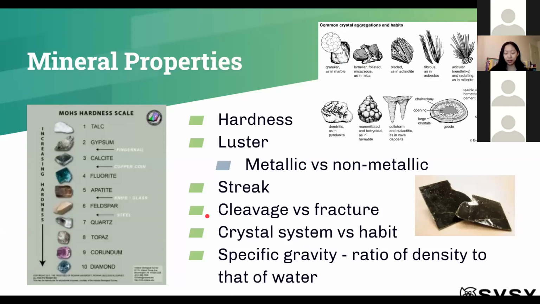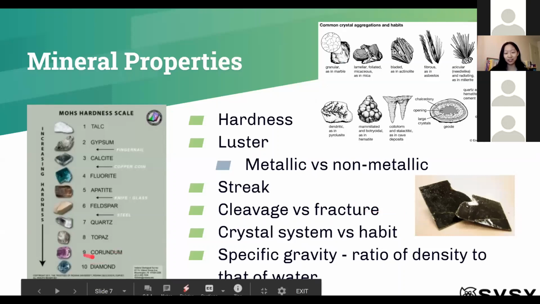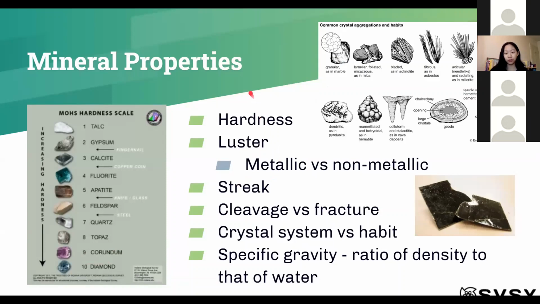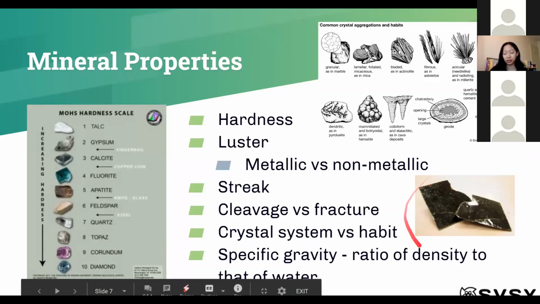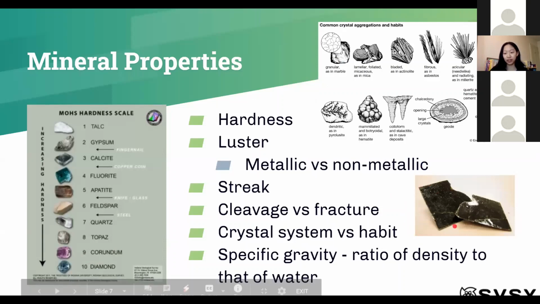Okay, and then on to cleavage and fracture. So back to that diamond thing I said earlier. Cleavage is when a mineral has planes of weakness, so when you put force on it, it will tend to break along those planes. This here is biotite mica. It's pretty famous for its perfect cleavage, and it cleaves into these really nice little plates.